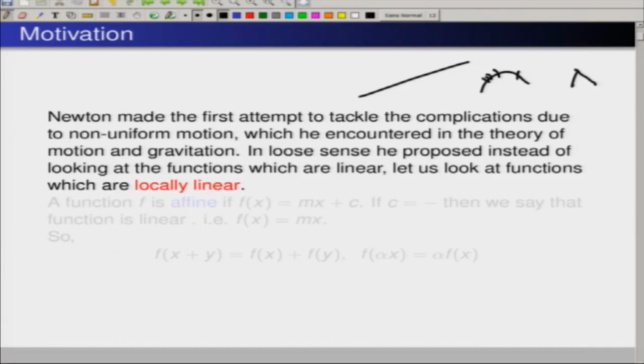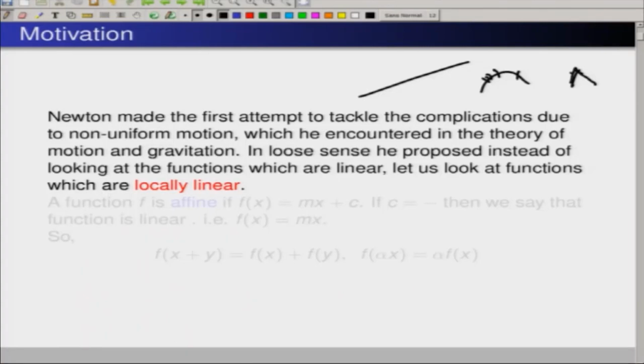At this point, whatever small window you make, the function is not going to look like a straight line. That is what Newton proposed: instead of looking at linear functions, we can look at functions which are locally linear.